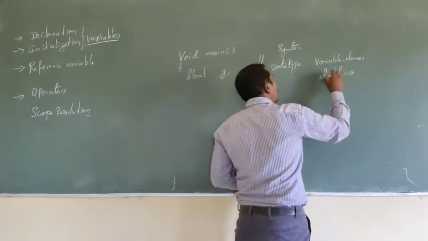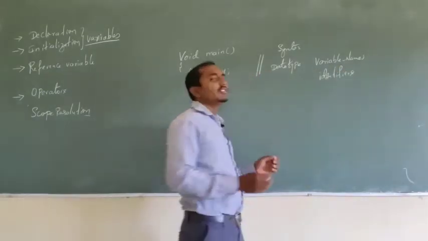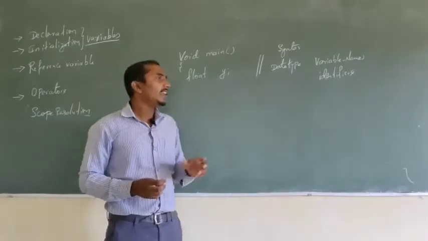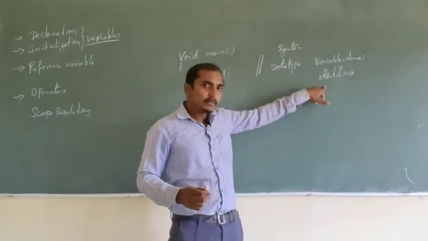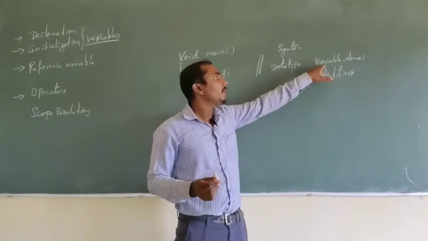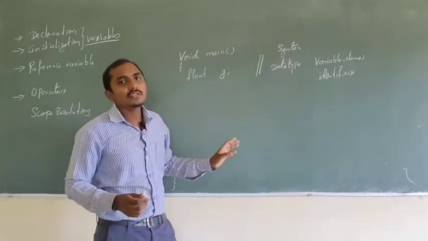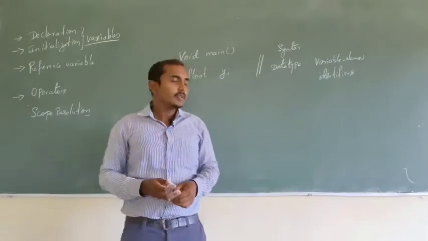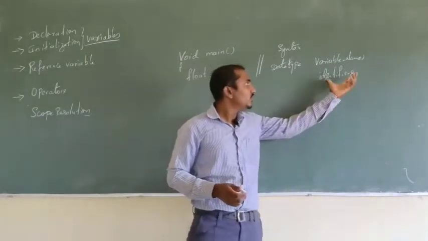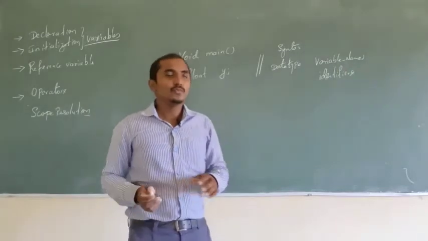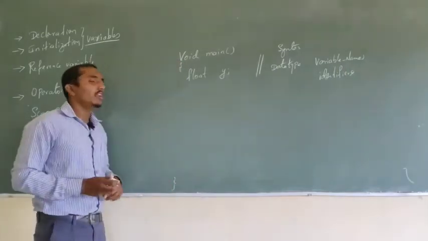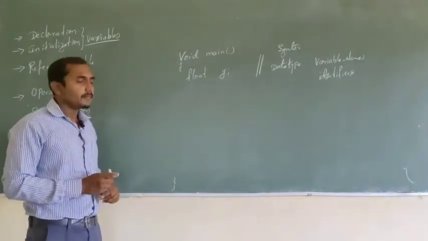I told you in the first session of this chapter what identifiers are. Identifiers are nothing but the names that you specify for variables, functions or user defined types. The rules that we mentioned for identifiers will apply to variables also. So you need to remember that while you are defining any kind of variables.